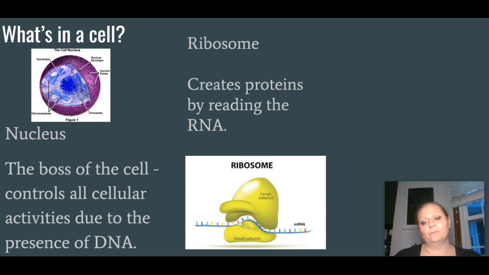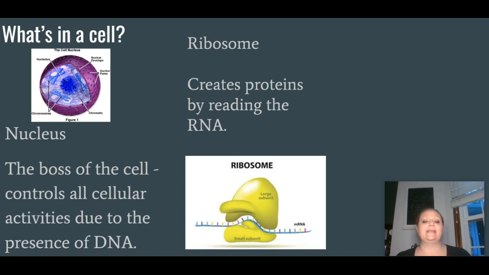The ribosome, its job is to create proteins by reading RNA. I just talked about DNA, and now I'm talking about RNA. I want you to think back to when we talked about biochemistry. We talked about the macromolecules, and we talked about how the DNA is actually the instructions for the creation of proteins. Well, it does it through this intermediate manual.